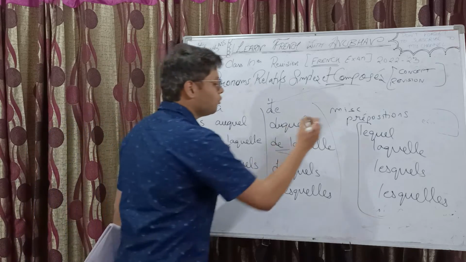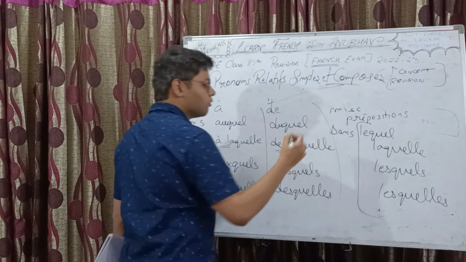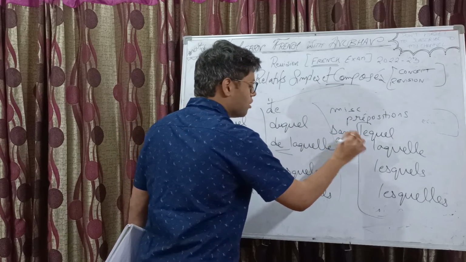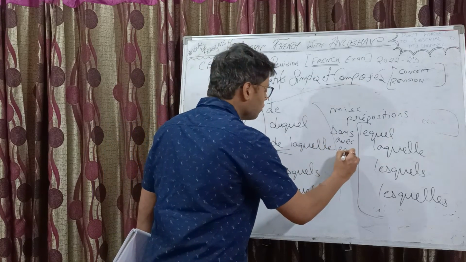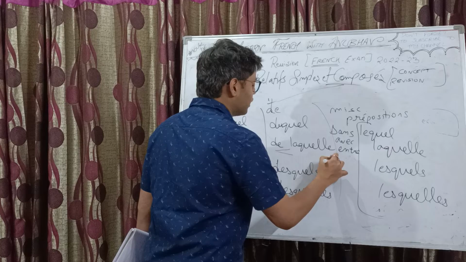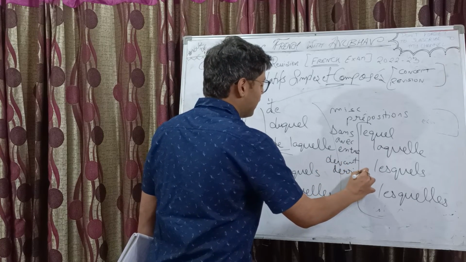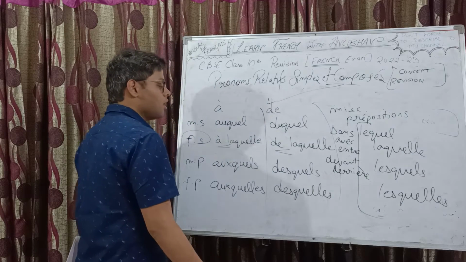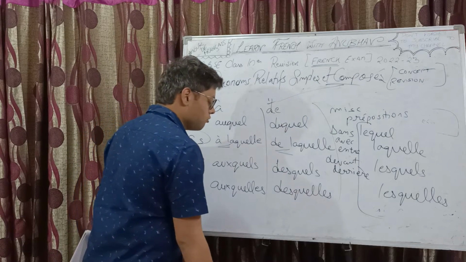Let's take a few examples. Sans means without, avec means with. It can be entre, between. It can be devant, in front of. It can be derrière, behind, at the back of. Or it could be près de, loin de, à droite de.